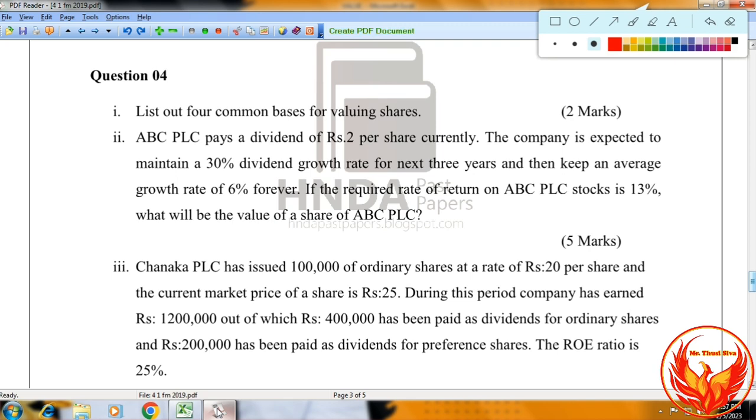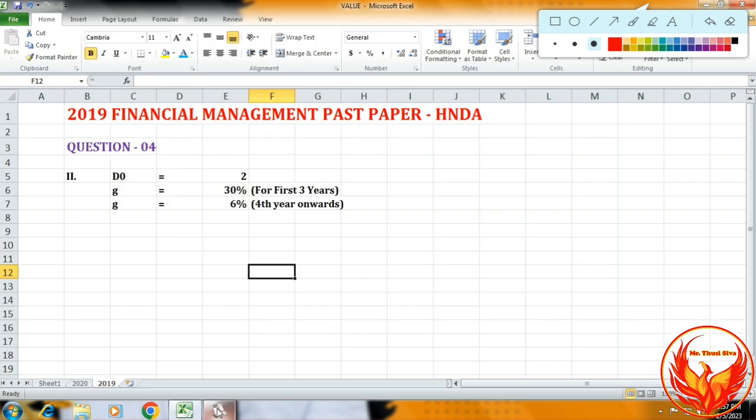And the required rate of return is 13%, so R equals 13% as given in the question.